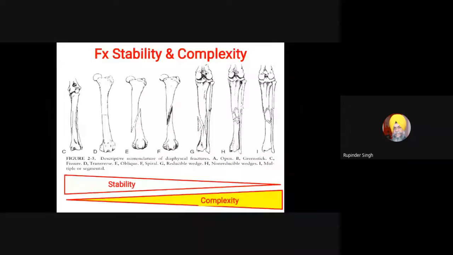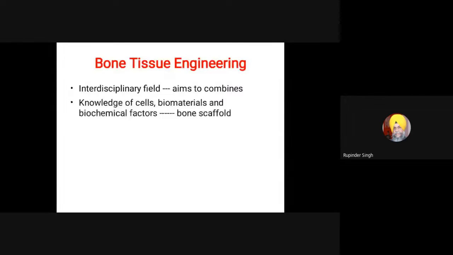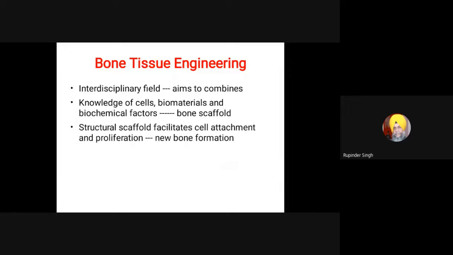This is a part of bone engineering, which we all know; you are from an engineering background, so I think everything is clear. This is an interdisciplinary field that combines cells, biomaterials and biochemical factors to create a bone scaffold. The scaffold acts as structural support and also facilitates cell attachment and proliferation.